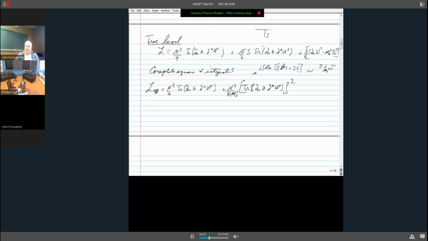And then the next piece is v squared over 8 m_S squared times this thing squared. Take that whole thing and just square it. Okay, and then there will be higher order terms that will be like Taylor expanding the propagator.